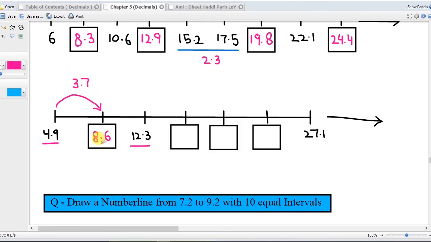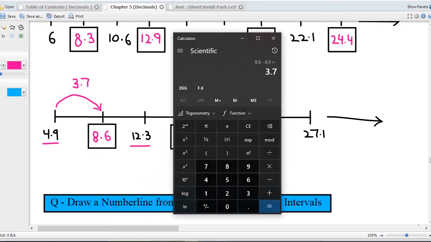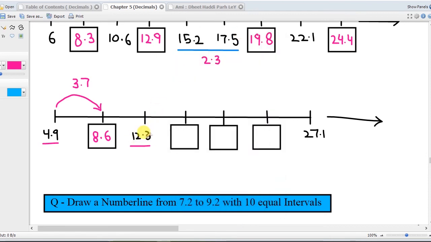Now if you add 3.7 to 8.6, we reach a number. So simply add these two numbers, 3.7 plus 8.6. See, we are landing on 12.3. It means we are doing it very fine.